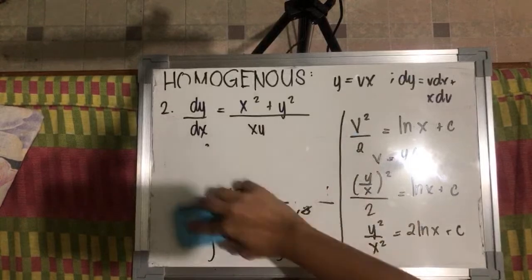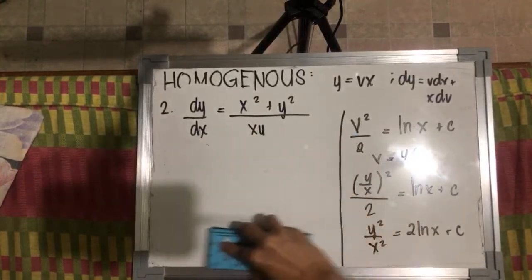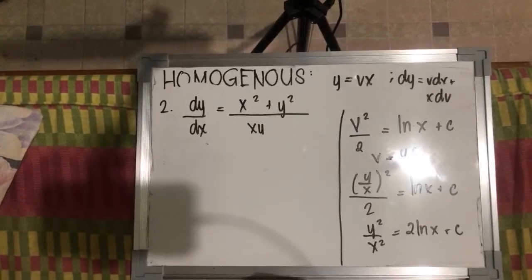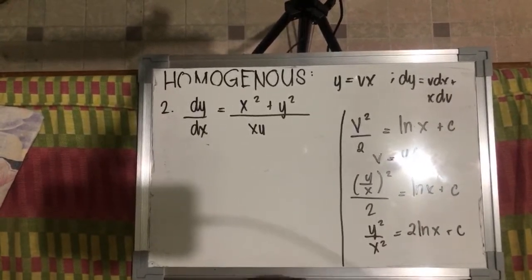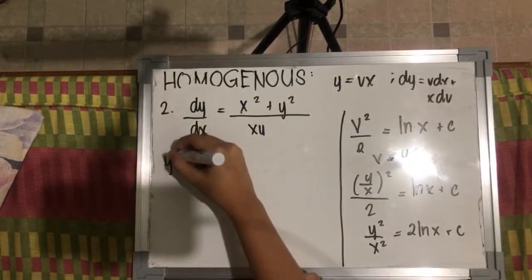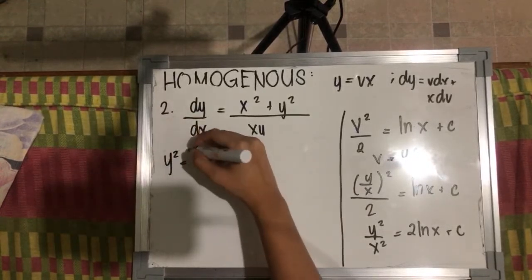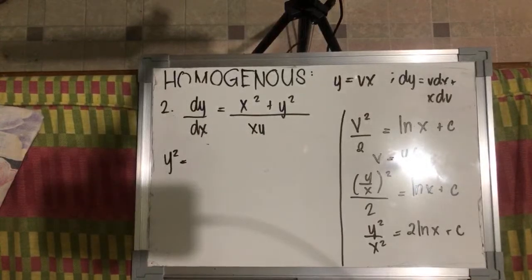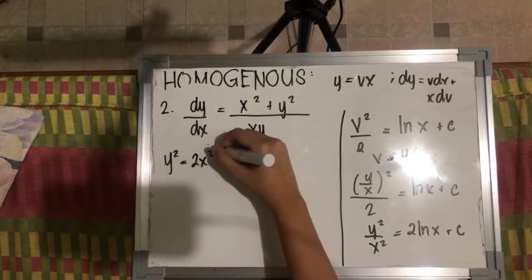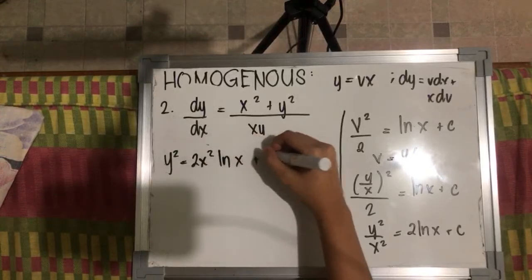So, pwede pa siyang i-simplify. y squared is equal to 2x squared ln of x plus c.